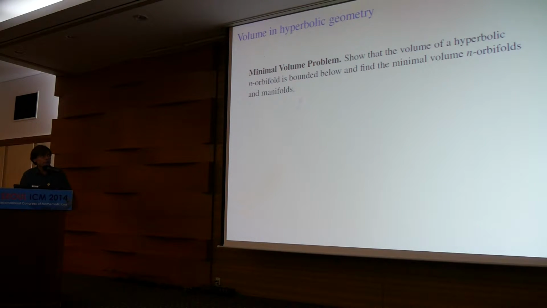There is another problem, also well known, the minimal volume problem. It says: show that the volume of hyperbolic orbifolds is bounded below by a constant which depends on the dimension. This goes back to a paper by Siegel, who raised this question and showed the solution for n equals 2.